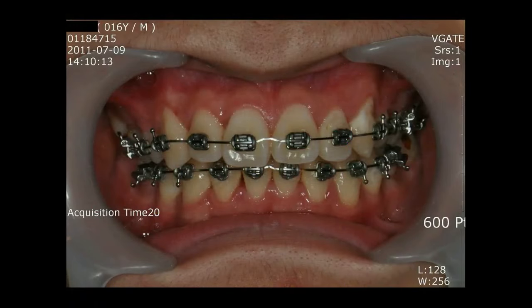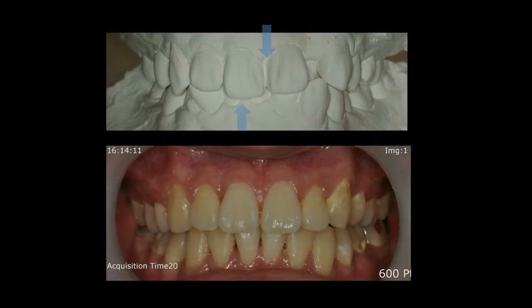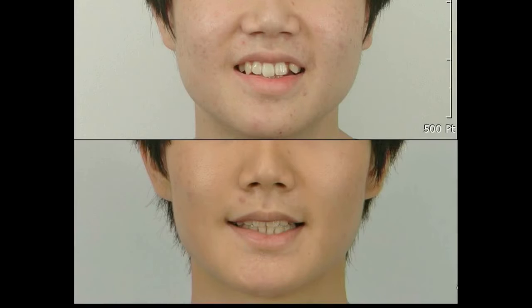Here's the end of the treatment. Symmetric extraction and not any asymmetric mechanic was used in this case. Midline was corrected without any horizontal forces, and occlusal plane canting was not produced.